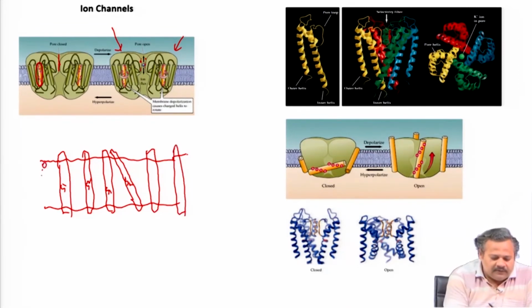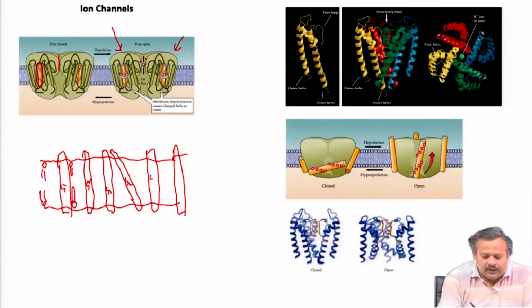So here we have the membrane, which is a lipid bilayer, as usual. We have the S5 here, S6 here.